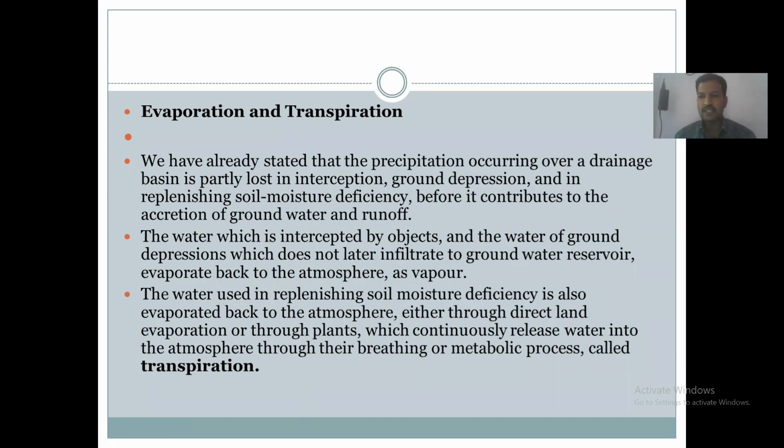So the water will flow towards the lake, river, sea or ocean. In the summer season, due to high temperature, the water will be evaporated. The water which is accumulated in the river will escape into the atmosphere during high temperature. So it will evaporate back to the atmosphere as water vapor.